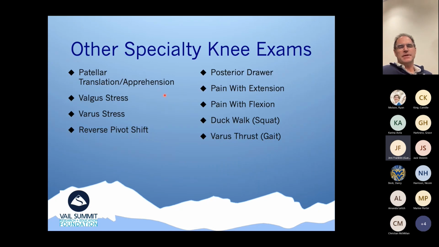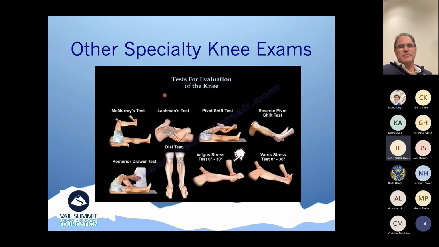So other specialty knee exams, you know, patellar translation or apprehension, the quadrants of that, valgus stress, varus stress, reverse pivot shift, posterior drawer, pain with extension, pain with flexion, duck walker, squat, varus thrust with gait. All of those we could spend a whole hour talking about, breaking each one of those down, but we just run out of time. So these are some of those other specialty exams talked about.